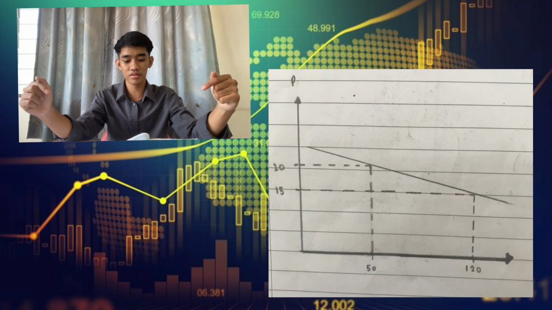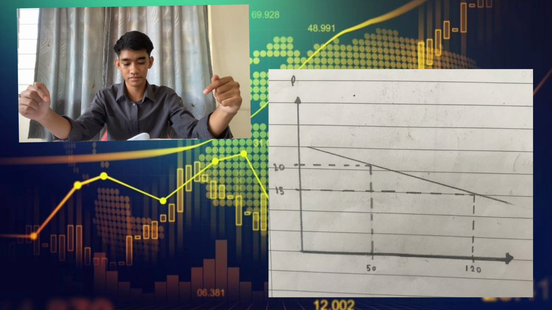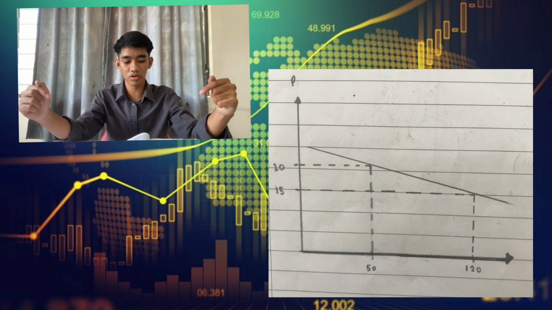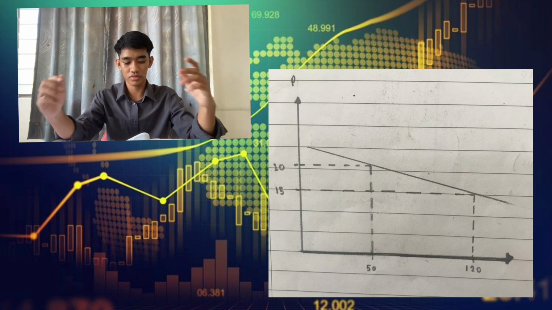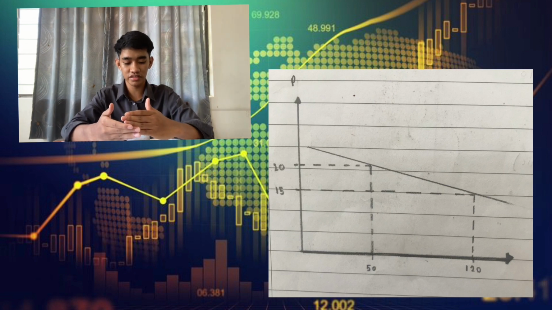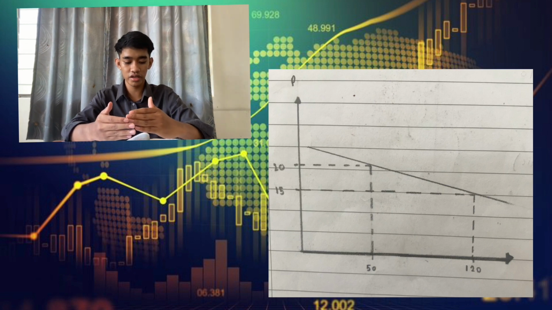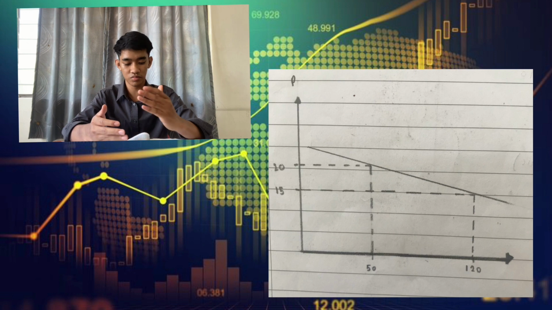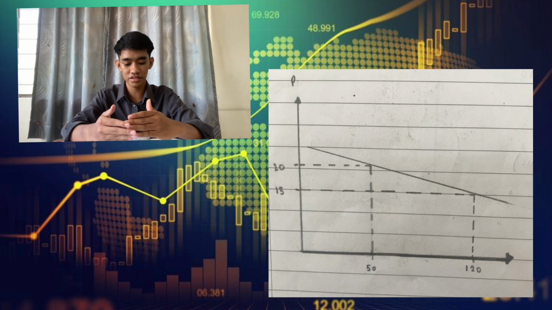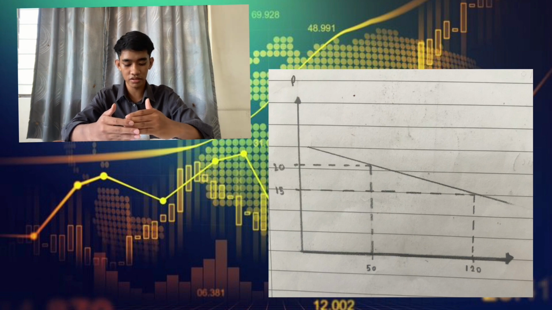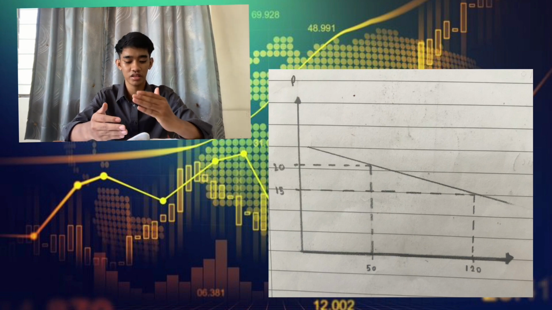This is the shape of the demand curve. It has a flatter slope, where the percentage change in price, P1 increasing to P2, is smaller than the percentage change in quantity demanded, quantity demanded 1 decreasing to quantity demanded 2.